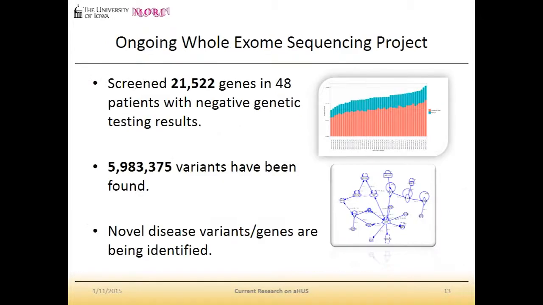So given this previous data, we launched a new project. We decided to screen 20,000 genes in 48 patients who have negative genetic testing results. We already gathered the sequencing data, and I found about 6 million variants from these patients. My job right now is to dig into those data and find the disease variants and genes that nobody knows yet.